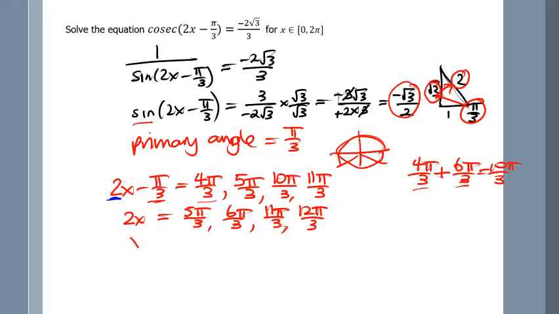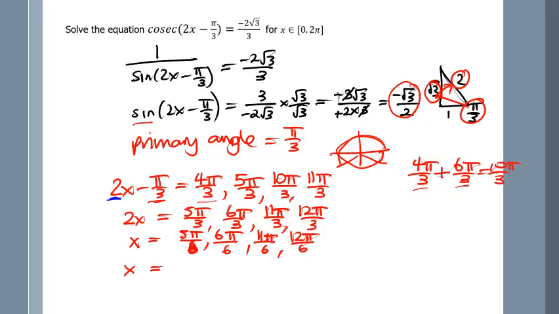Then we've got to divide it by 2, so I get x equals 5 pi on 2, 6 pi on 6. That shouldn't be a 2, that should be a 6, sorry. So I divided my 2 across and the bottom becomes 6 for all of them. 11 pi on 6 and 12 pi on 6.